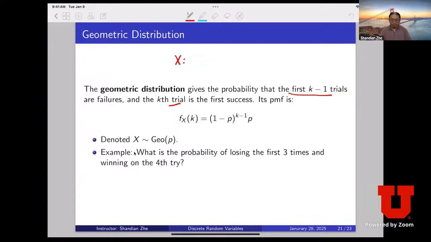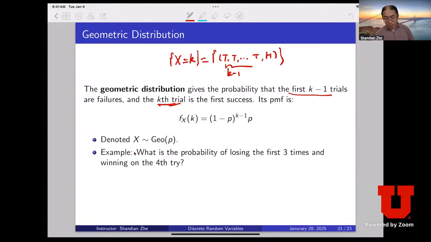So obviously, the event defined as x equals k is just one sequence: all tails for the first k minus 1 times, and then heads at the kth time.